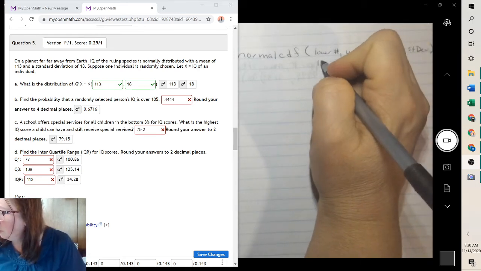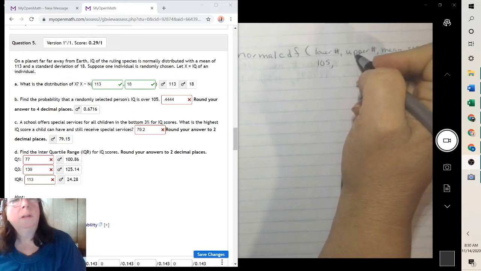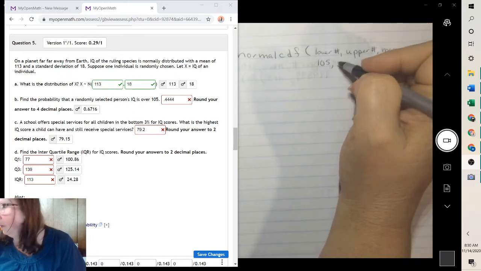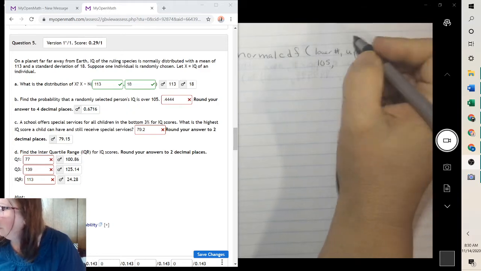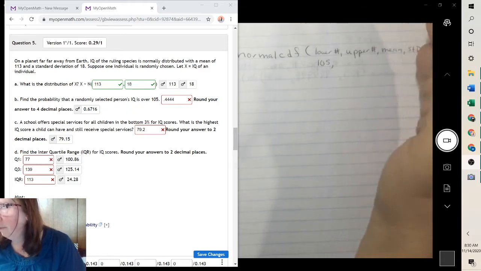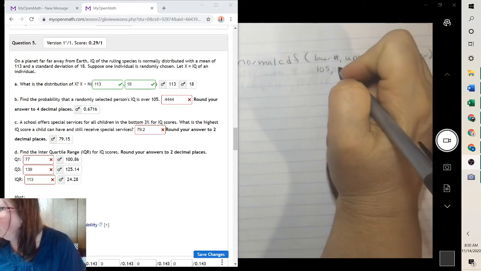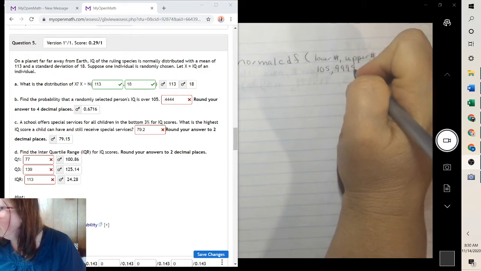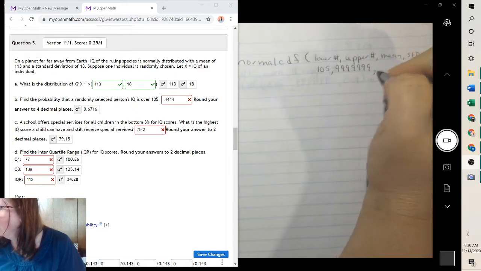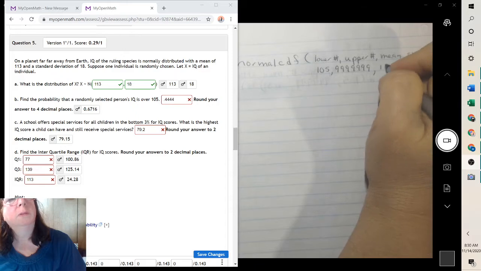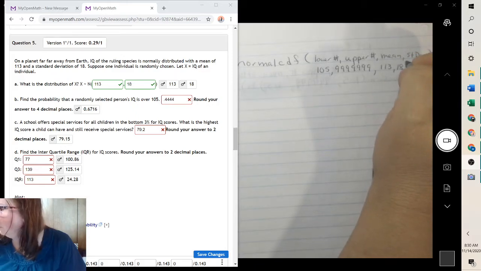So our lower is 105. But we want to keep going up. 105 and over or up. We don't have a bound on it. So you want to put a really large number because you want it to keep going. And then our mean, which was 113, and our standard deviation of 18.